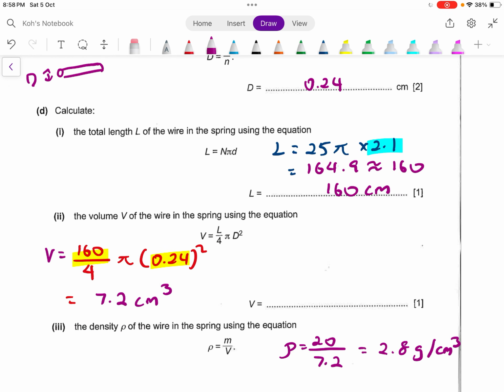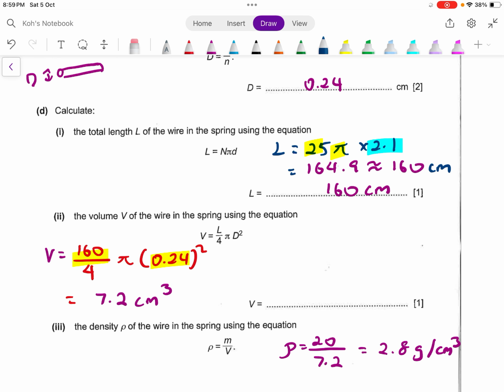So 25 times pi times 2.1. The number of SF I must give is 2 SF. Of course, for multiplication, they can add one more, so you can give 2 or 3 SF. For me, I put 2 SF. So it's about 160. Of course, don't forget to write down the units, centimeter.